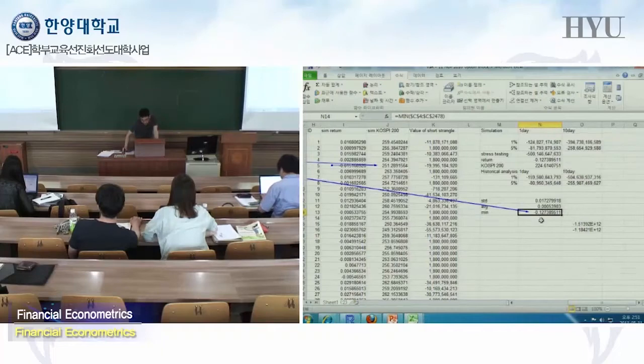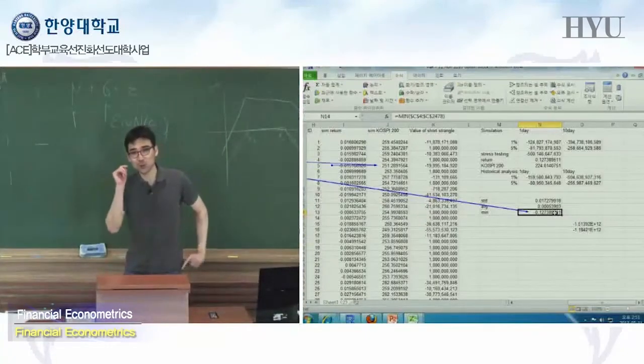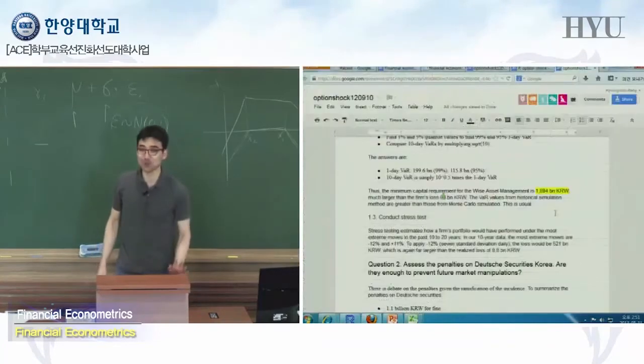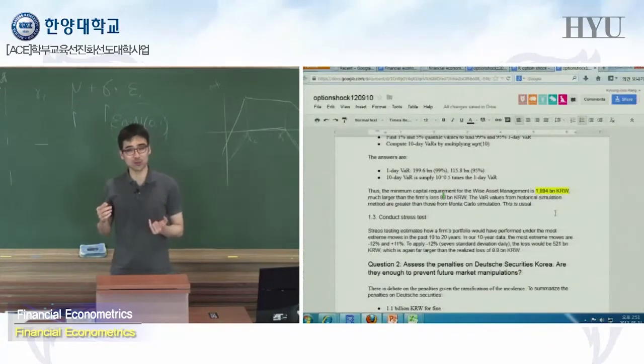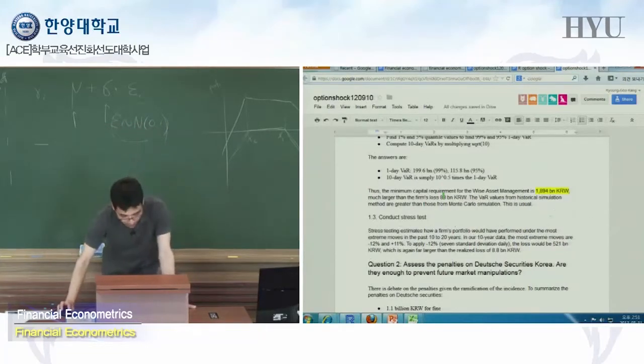The minimum value is minus 12%, which means that in the past, an event of a 12% drop had actually occurred. Our stress test asks what if that worst case scenario happens again. So it is very easy. In our 10-year data, the most extreme moves were minus 12% and plus 11%.